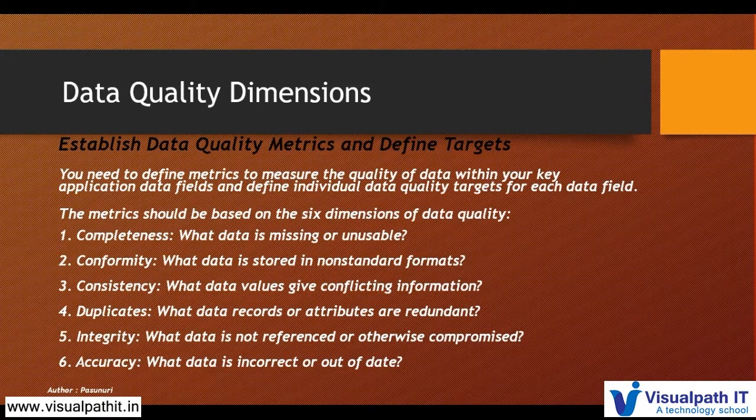So another one is the integrity check. This integrity check refers to the fact that any value we are getting from the source should be referenced. I will take an example. As I said, there is a customer and along with that a business unit or department exists. Like, one customer belongs to the sales department and another customer belongs to the accounts department.